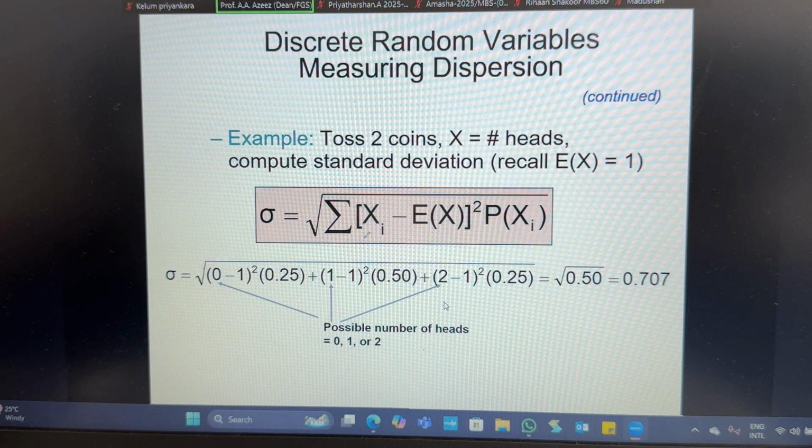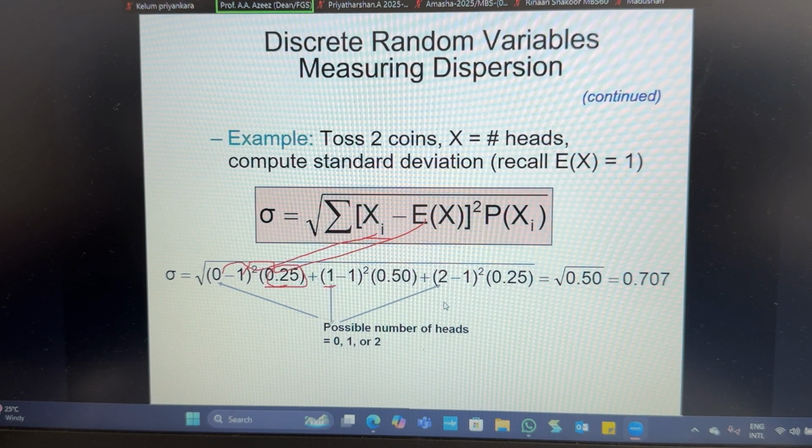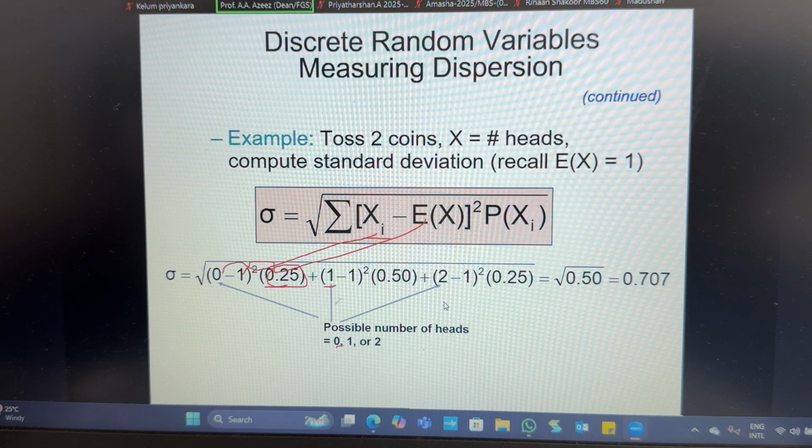So now here xi is 0, then minus E(X), it's 1. So 0 minus 1 squared, multiplied by the associated probability, plus. So the next possibility is 1, the possible number of gates: 0, 1, 2.